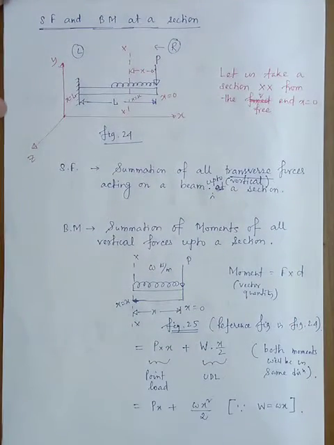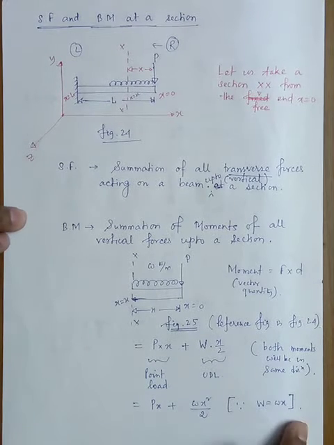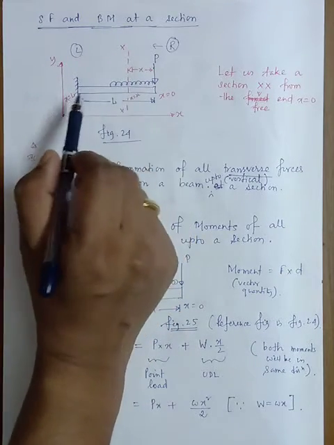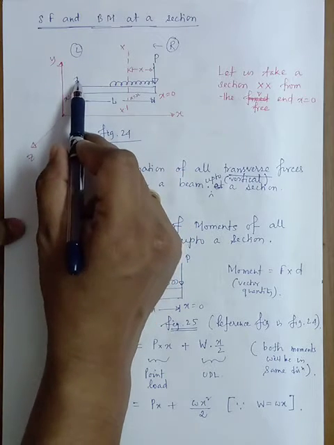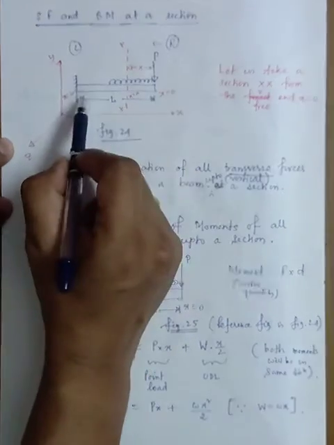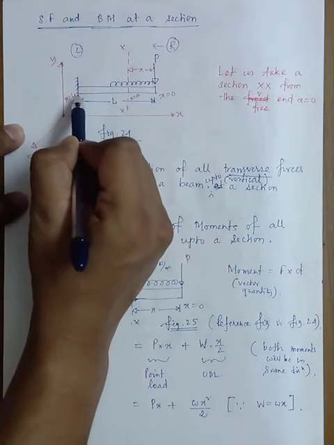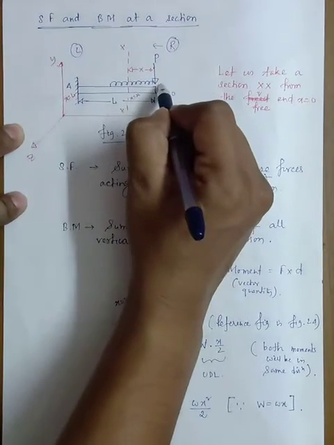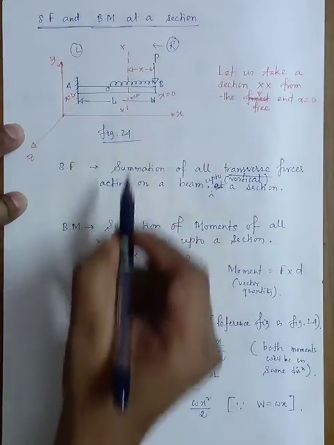So what is this shear force, how is it calculated, and what is bending moment? We will see by taking the example of the previous cantilever beam. Here the cantilever beam has one end fixed and the other end free, and the length is L. You can mark this end as A, this as B, and this as C, like the previous beam.